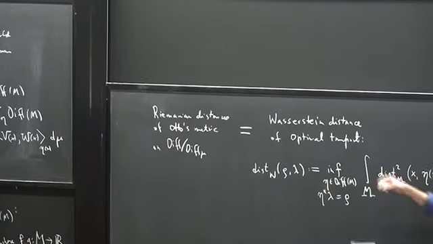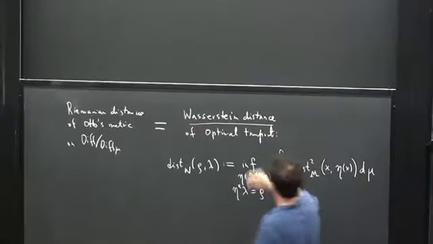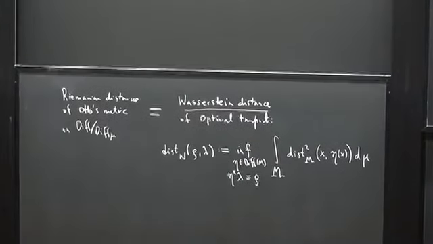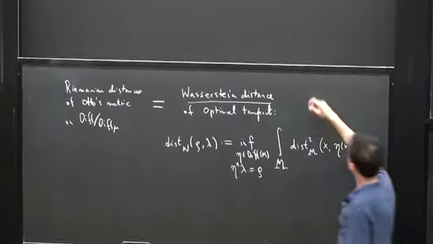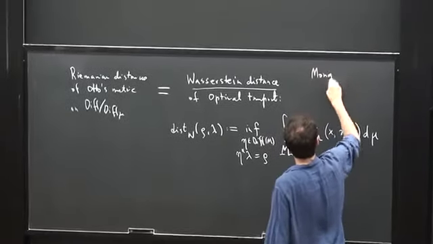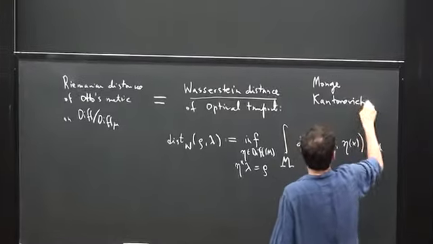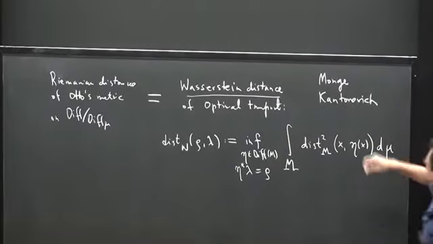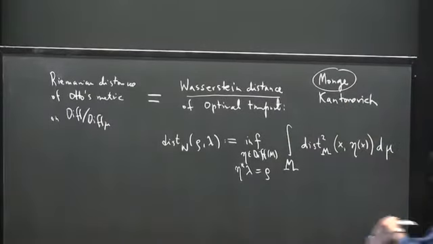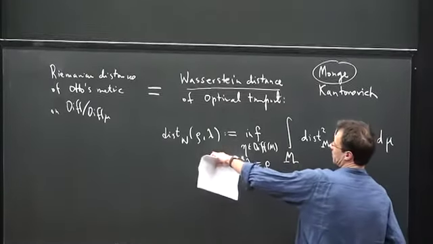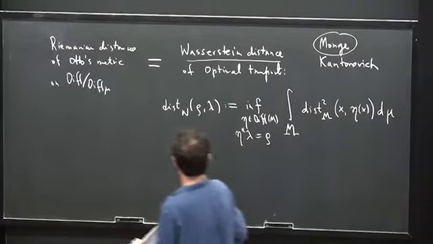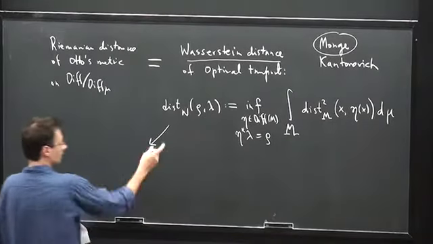Now, as I said, optimal transport, the connection really goes way back. The names that are associated here are those of Monge and Kantorovich. And in the classical formulation of Monge, the way one interprets this object is as follows.